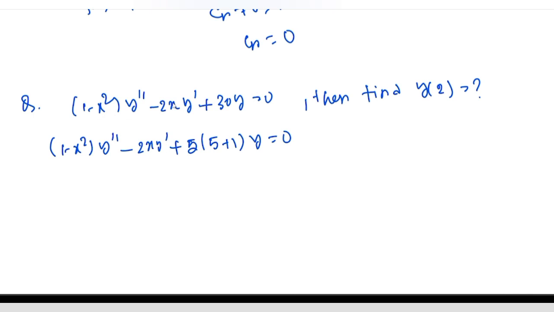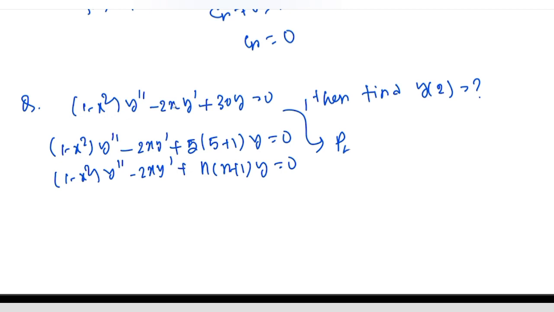And we know the Legendre equation is 1 minus x square y double dash minus 2x y dash plus n into n plus 1 y equal to 0. Then this is the polynomial p5 of x, p5 of x equal to 1 by 8 into 63 x to the power 5 minus 70 x cube plus 15x.